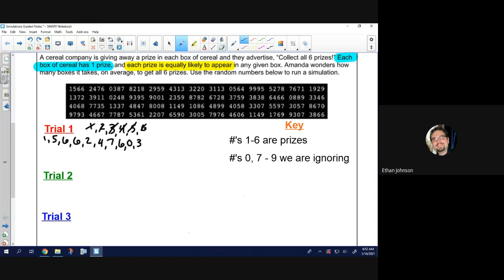So to count through them, it took us 1, 2, 3, 4, 5, 6. Ignore the 7. Ignore the 0. And we have 3. So 1, 2, 3, 4, 5, 6, 7, 8. So it took us 8 boxes to get all of those prizes.